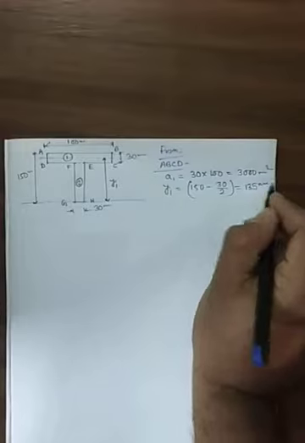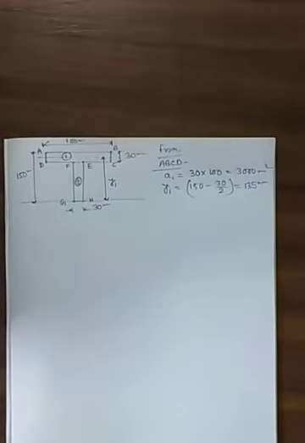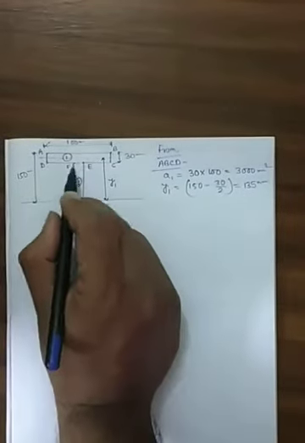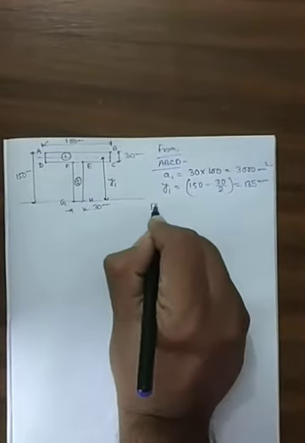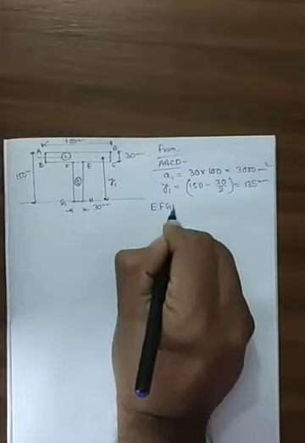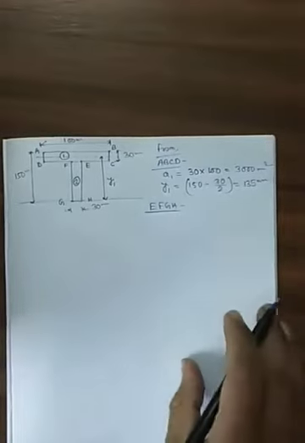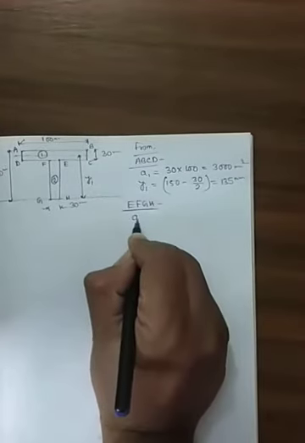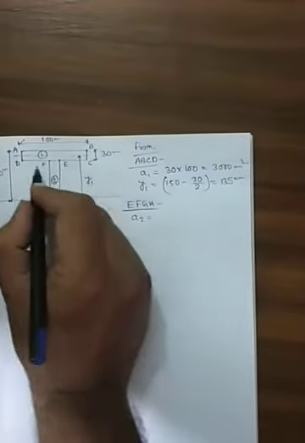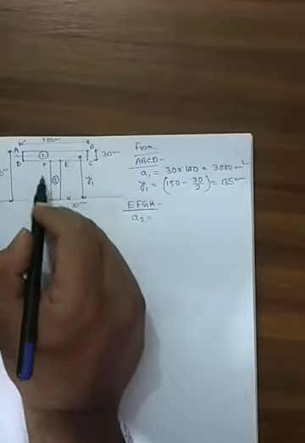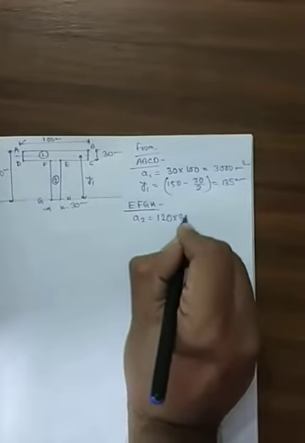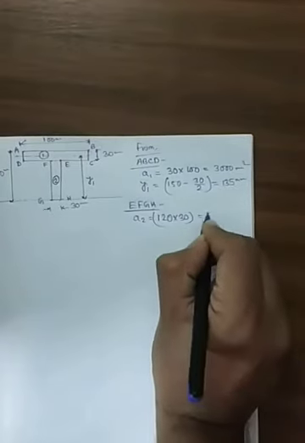Done. Now in case of rectangle EFGH, what we find out from EFGH? From EFGH, our area is how much? This one is 150, this one is 30, so this one is 120. So 120 into 30. This is 3600 millimeter square.